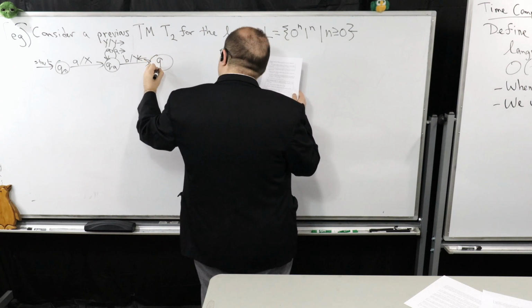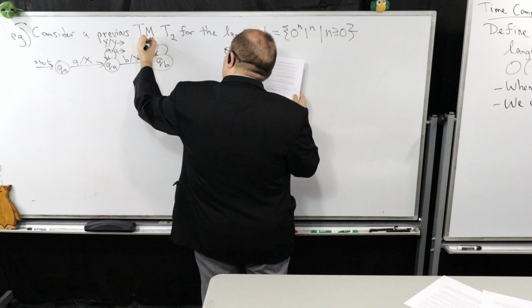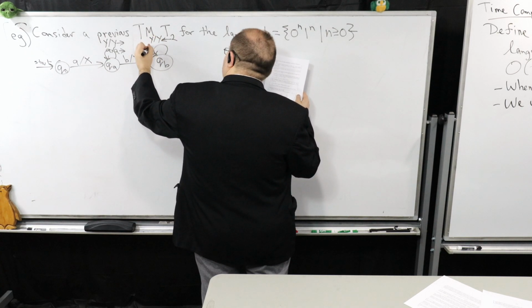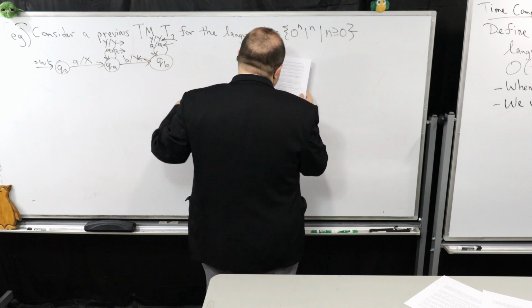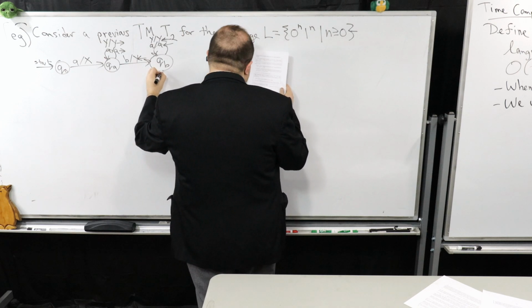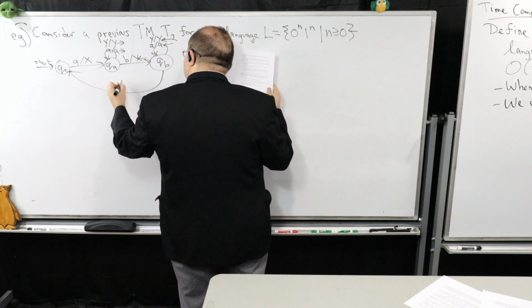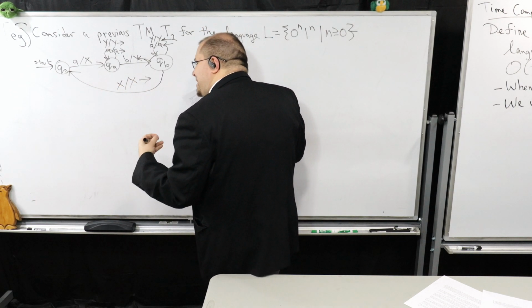Then I had QB. If I see a Y, I don't change the Y. If I see an A, I don't change the A. Then I go right back here, and when I see an X, I don't change the X, but I move to the right so that I can read another A.